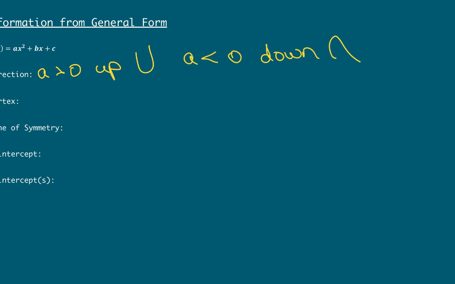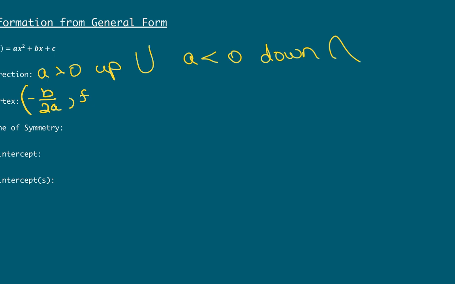When we have ax squared plus bx plus c, our vertex comes from a different formula because we're using values in a different form. The x-coordinate of our vertex is negative b over 2a, and then we take that value and plug it back in to find out what it's going to be for our y.